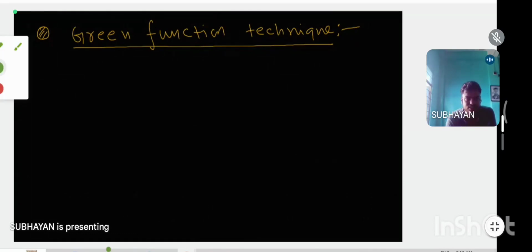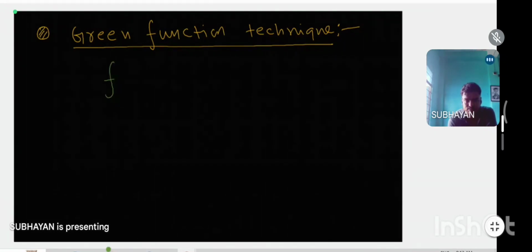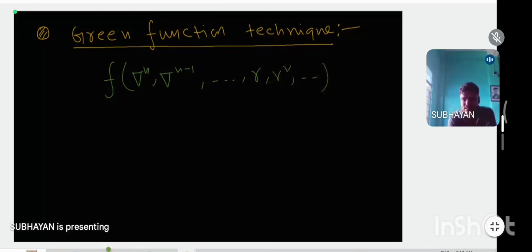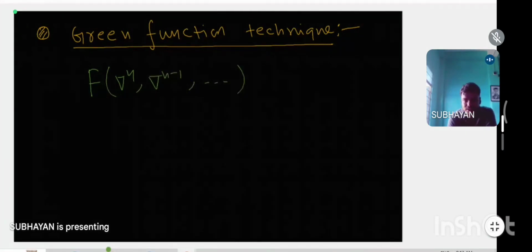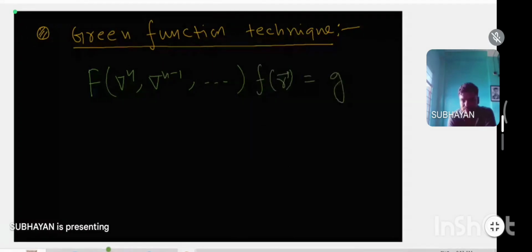So in general, we can take an inhomogeneous differential equation, which is some function of operators, grad to the power n, grad to the power n minus 1, and algebraic terms, acting on a function f of r, equal to g of r.